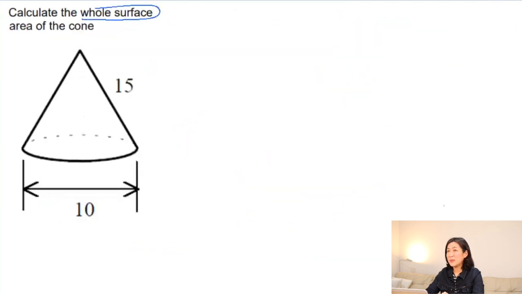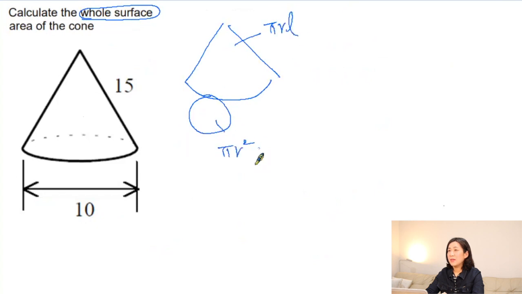Next one, let's find the whole surface area of the cone. Again you've got 2 parts, pi r l and then pi r squared. Then you know that we've got a diameter, so r is 5 and then l is 15.